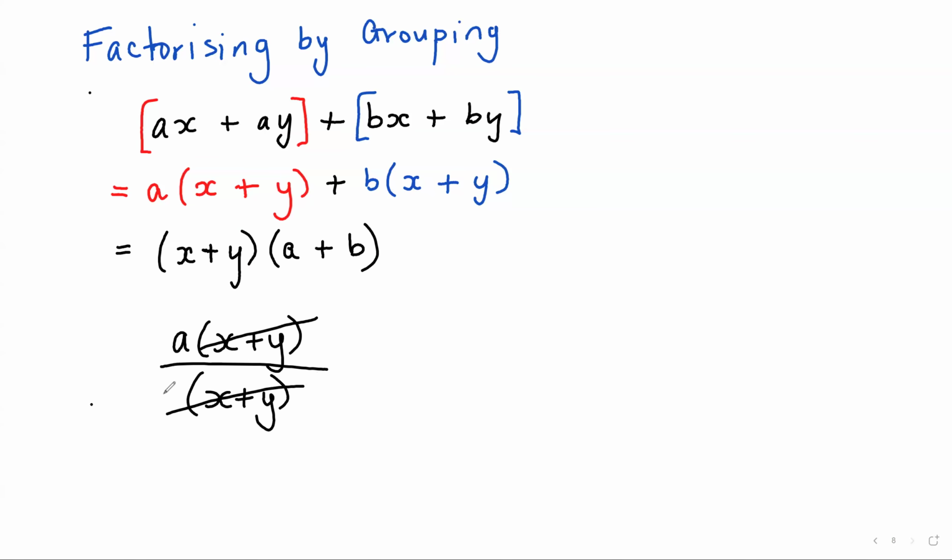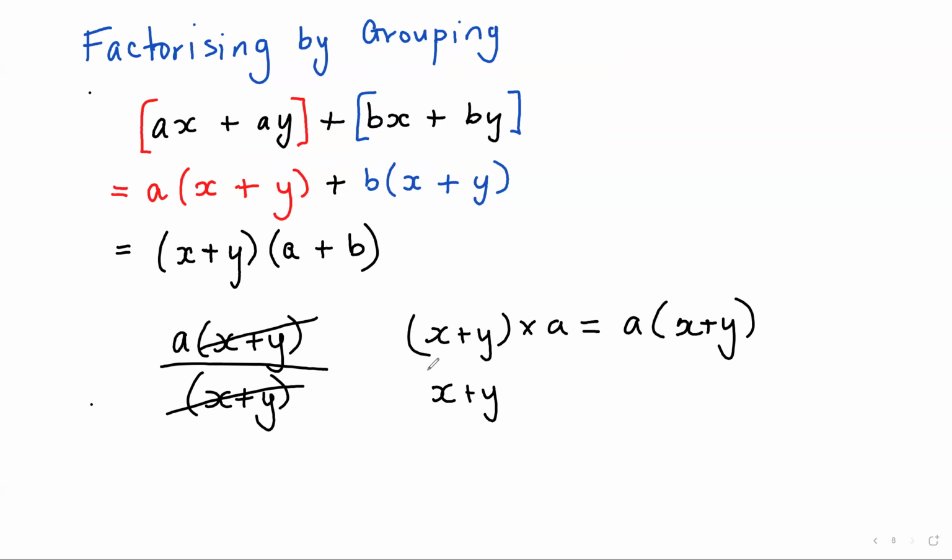It would cancel, right? Because x plus y times a would give me a times x plus y. And similarly, x plus y times b will give me b times x plus y. So the repeated factor x plus y is the common factor of a times x plus y and b times x plus y.